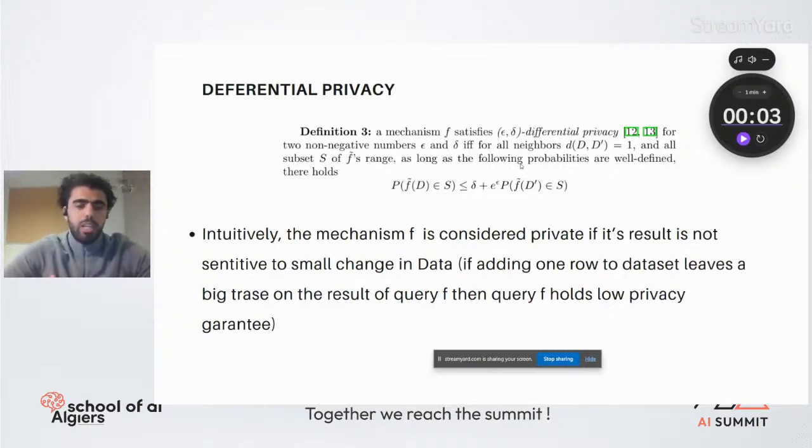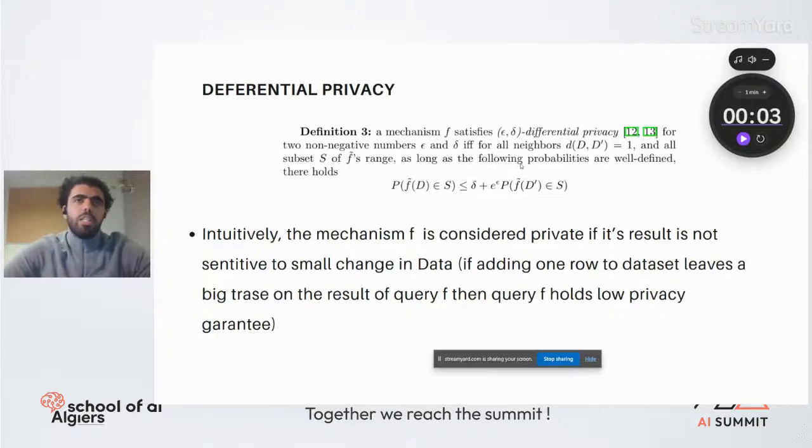The count query takes data as input and outputs the count number. So in this case, the count query is considered a mechanism. We say that F is considered private if its result is not sensitive to small changes in data. That means if adding one row to a dataset leaves a big trace on the result of the query F, then the query F holds low privacy guarantees.